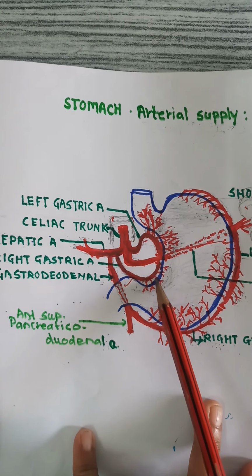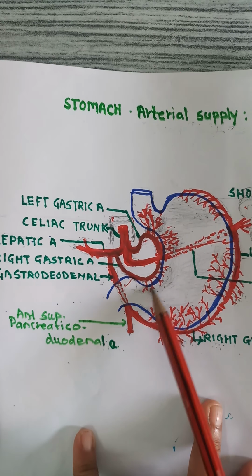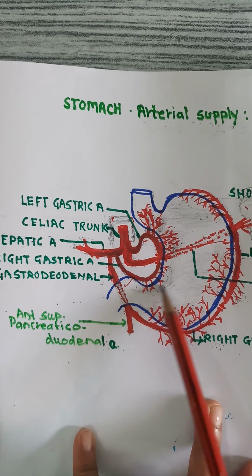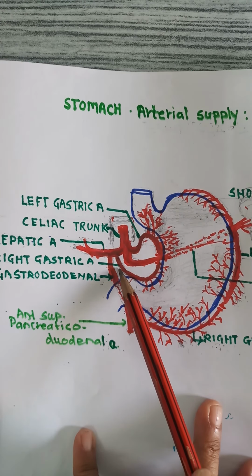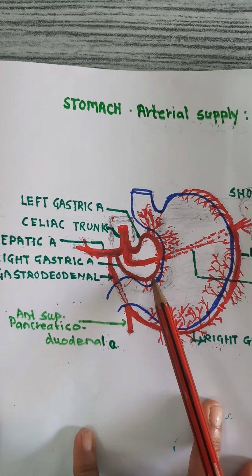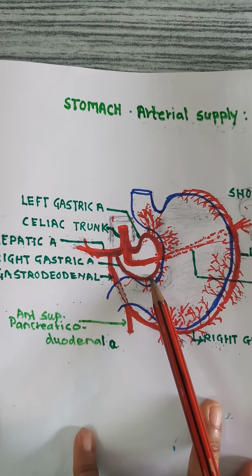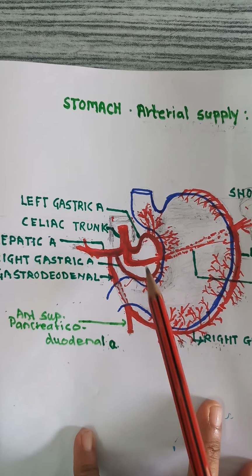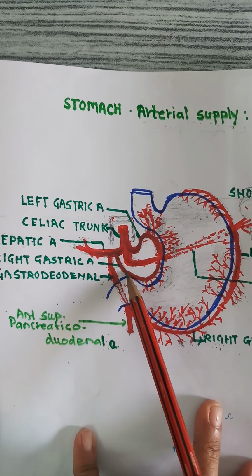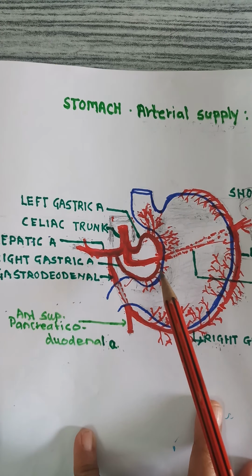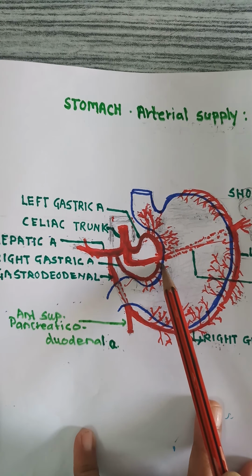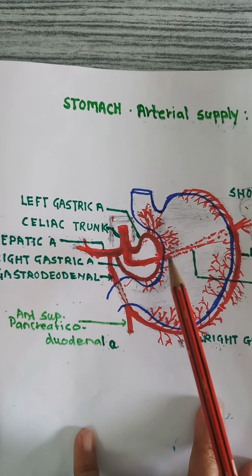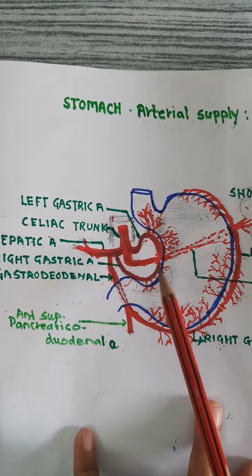Now this lower part of the lesser curvature and surrounding area of the stomach is supplied by this artery. This artery is called the right gastric artery. We have seen the left gastric artery. This is called the right gastric artery. The left gastric artery and right gastric artery anastomose together at the lesser curvature of the stomach.